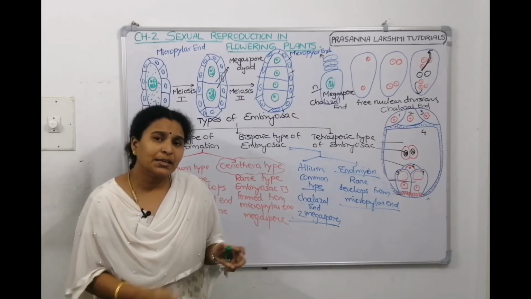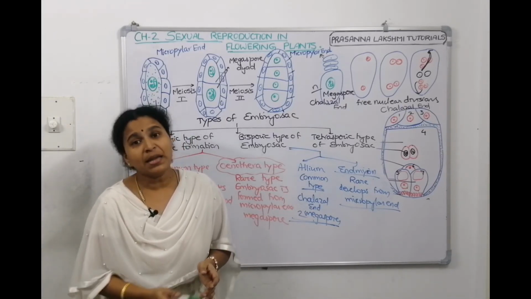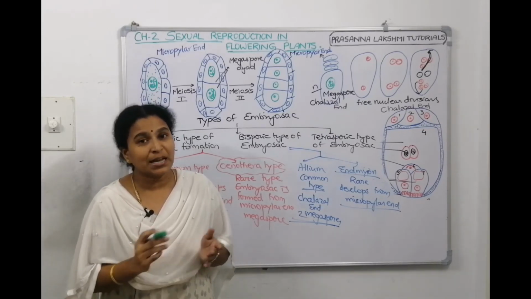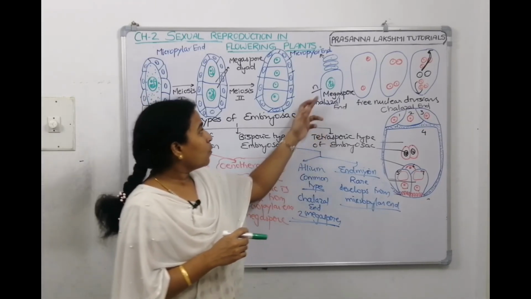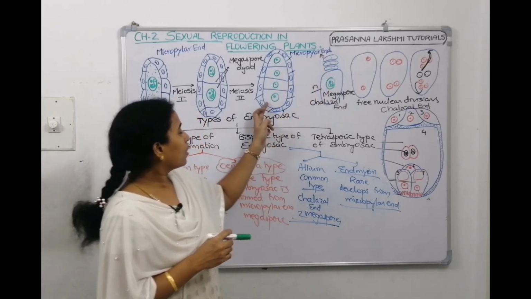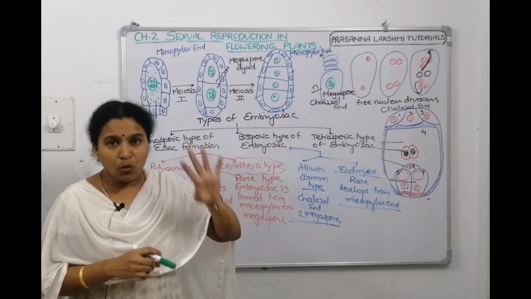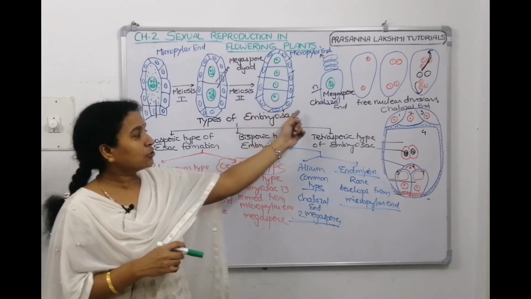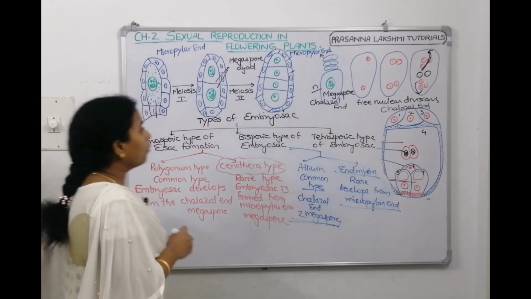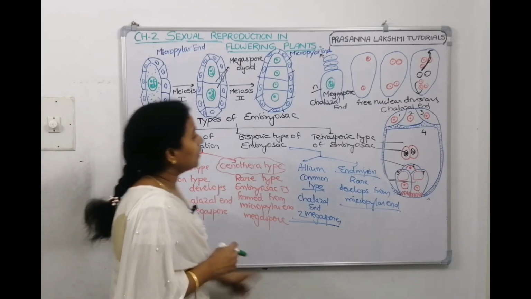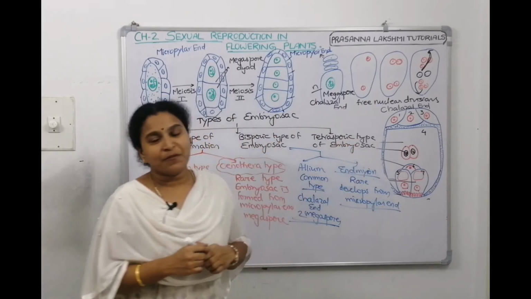The last one is the tetrasporic type of embryo sac formation. What do you mean by tetrasporic type of embryo sac formation? In tetrasporic, all 4 are there. It's not 1 megaspore which remains functional and makes the embryo sac. All 4 will remain functional. Then that is called the tetrasporic type of embryo sac.